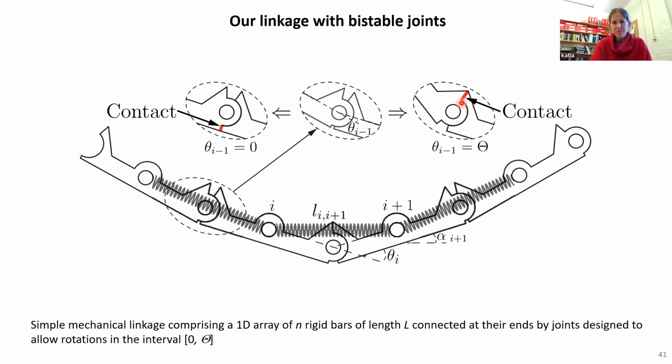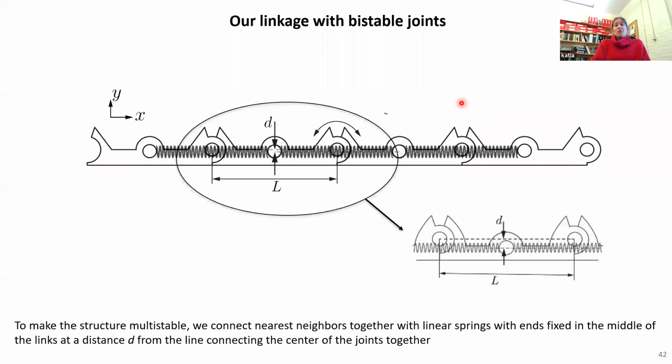Now we want a multi-stable structure, because we want to propagate this transition wave from one stable state to the other.